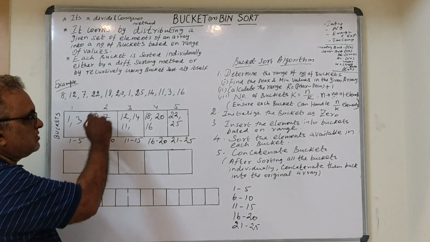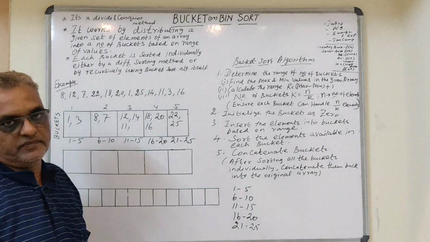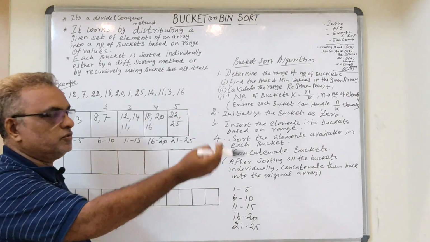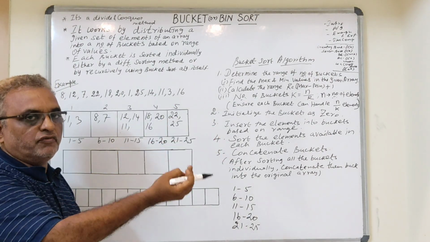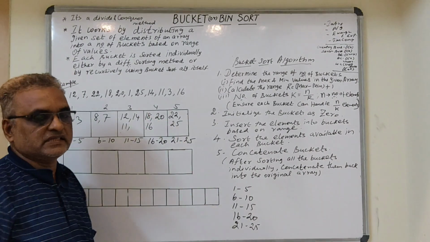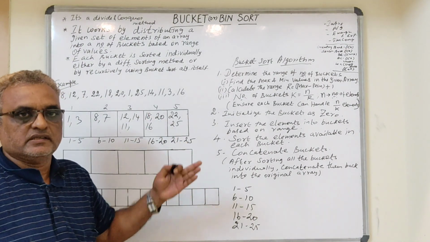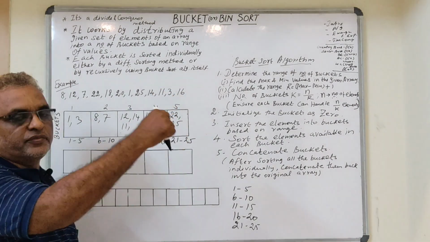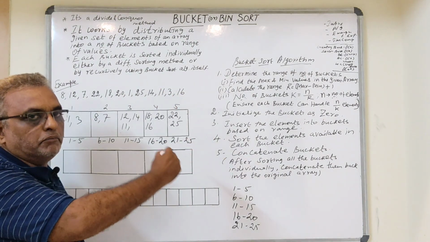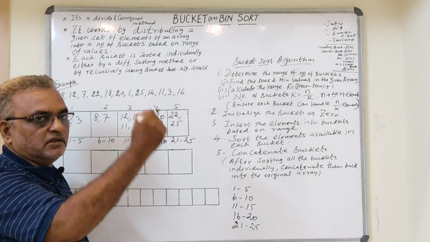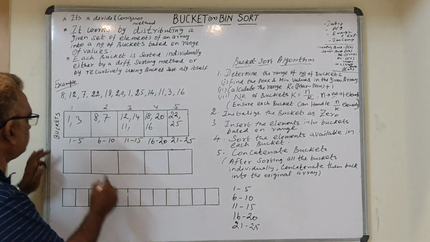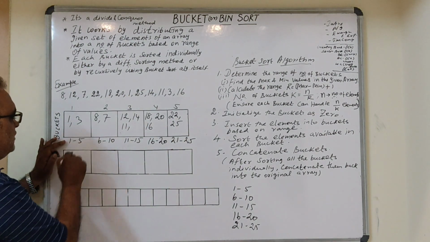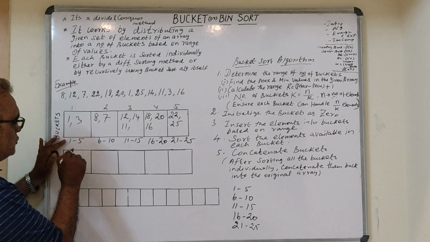Now these elements are sorted individually. You can use any algorithm for that to sort these values individually, or we can make use of our bucket sorting algorithm recursively. So now after sorting the values, store these values.